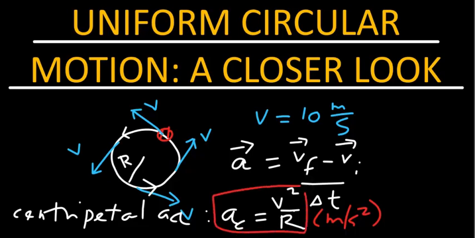How do we determine its direction? After all, centripetal acceleration is a form of acceleration and therefore is a vector quantity. To answer this question, let's pick 2 points. Let's pick this point as the initial point and that point as the final point, and analyze the direction of the velocities. Let's redraw these 2 positions in this diagram.